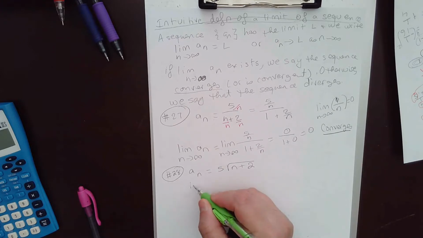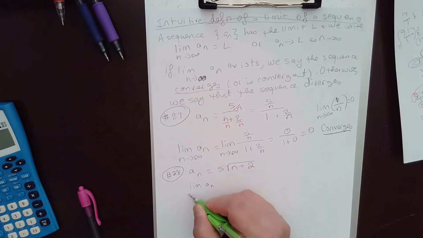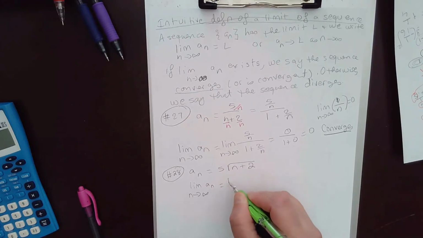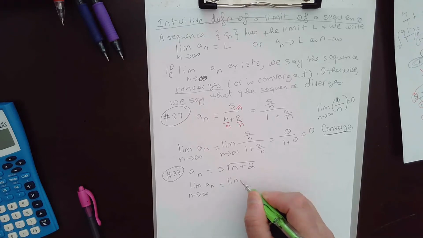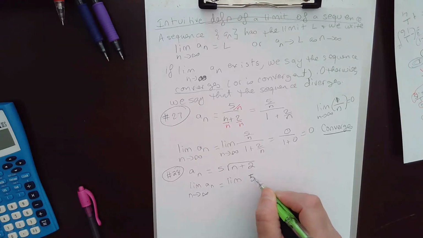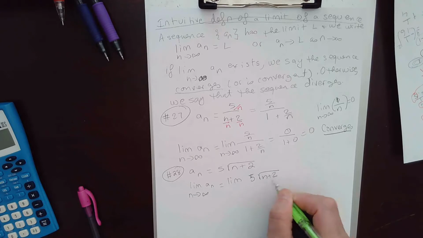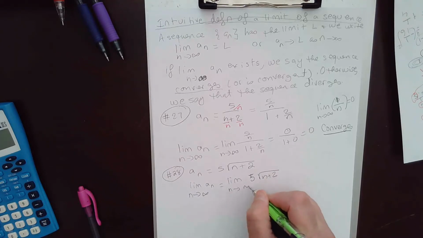The limit of a_n as n approaches infinity is the same as the limit of 5 square root of n plus 2 as n approaches infinity.